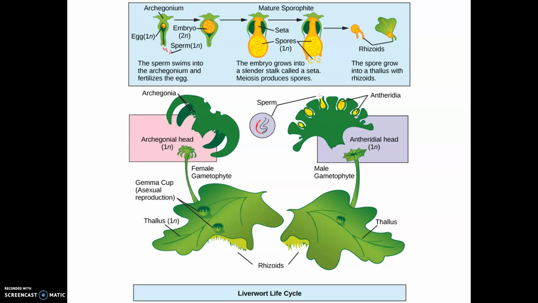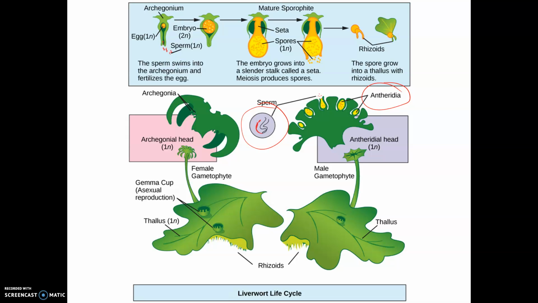This is showing the liverwort life cycle. So basically what you have is a female gametophyte and a male gametophyte. The gametophyte is the flat leaf. And then the gametophyte structures divide by mitosis to produce the male gametophyte, which contains antheridia, which produces the sperm, which are haploid, and they contain flagella, so they swim to fertilize the egg.